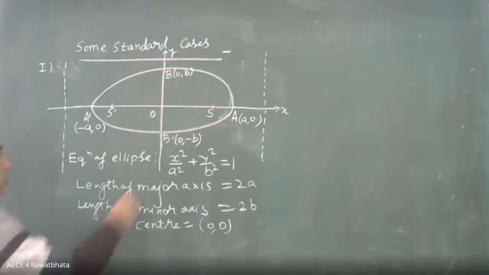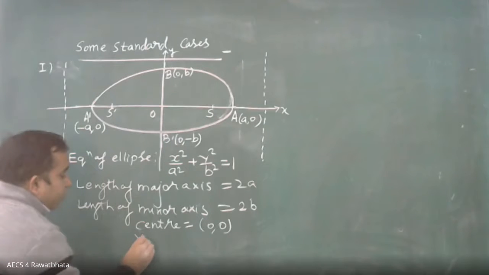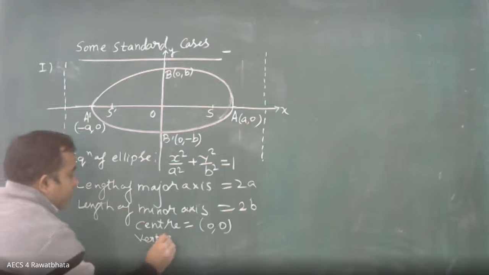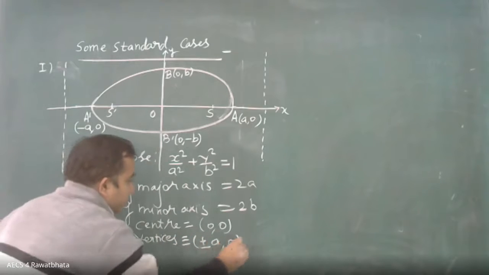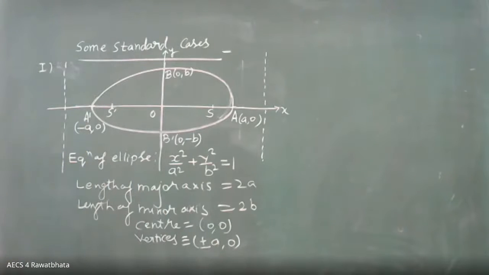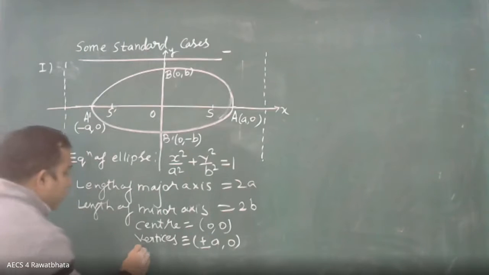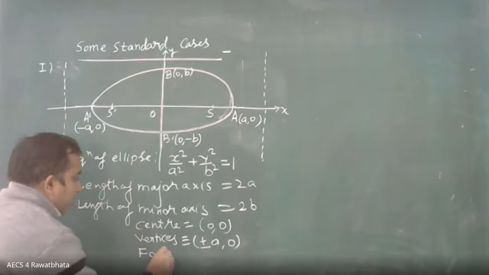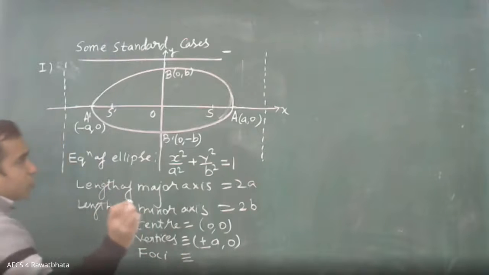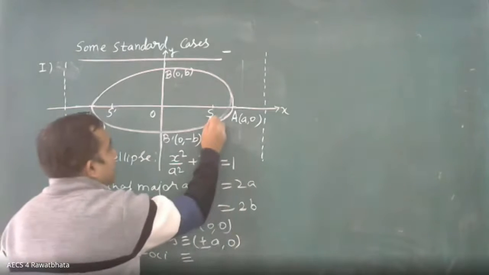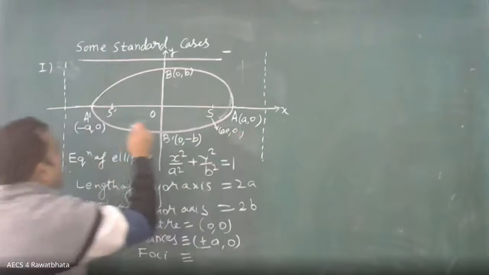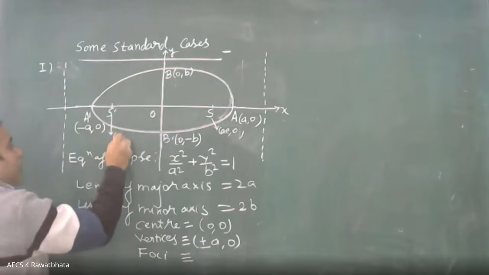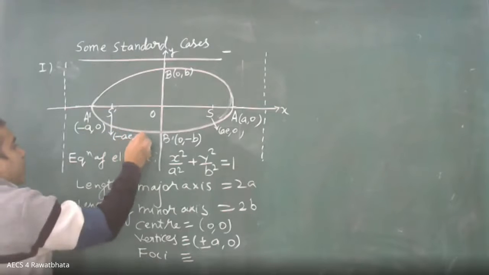This A and A dash are called the vertices, so vertices are plus minus a comma 0. Now the foci coordinates: suppose the eccentricity is e, then S coordinates are given by ae comma 0 and S dash coordinates are given by minus ae comma 0.